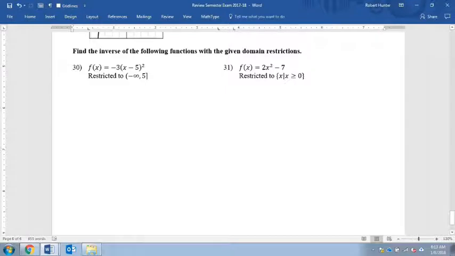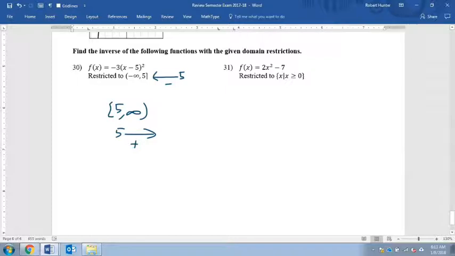When I take a square root to get rid of that square, I want from -infinity to 5, the left side of this, so the negative side. If I was going from 5 to +infinity, I would go from 5 to the right. I want the positive side.